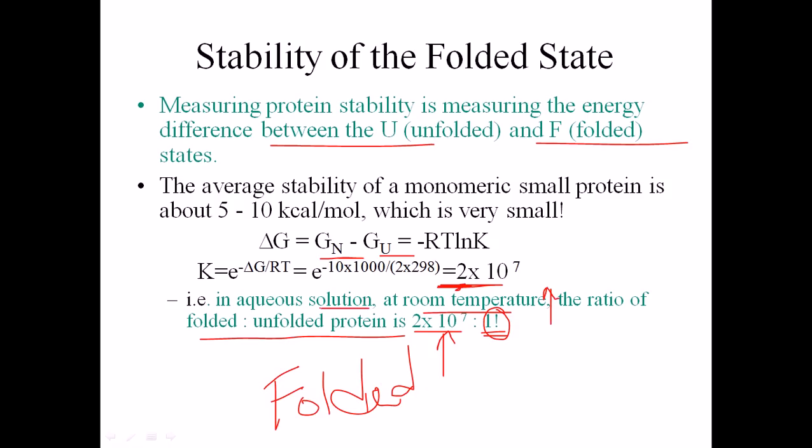If we change this solution from aqueous to another type of solvent, then this will be hampered. But if we have the aqueous solution at room temperature, the protein always wants to be in the folded state rather than the unfolded state, because of their own interaction, because of the amino acid interaction, because of the different hydrophilic amino acids they possess, because of the different hydrophobic amino acids and hydrophobic interactions they can do.